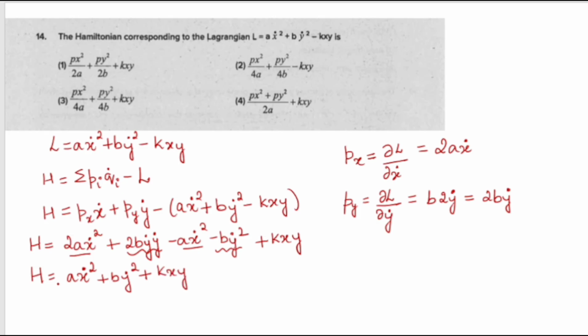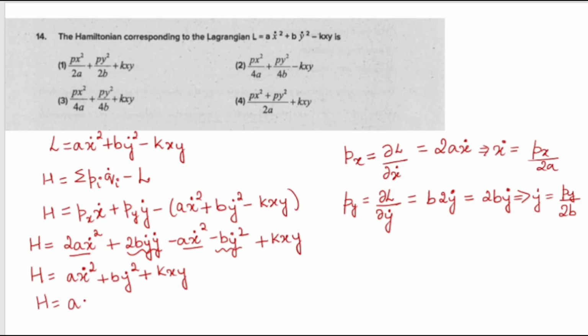We know that the Hamiltonian must be in terms of momentum, so we need to represent x dot in terms of momentum. From here I can write my x dot to be p_x over 2a. From here I can write my y dot to be p_y divided by 2b.